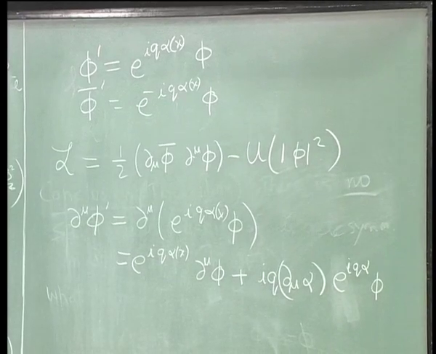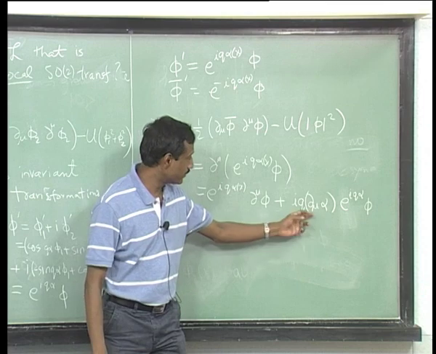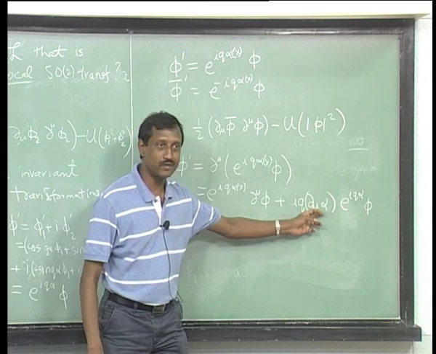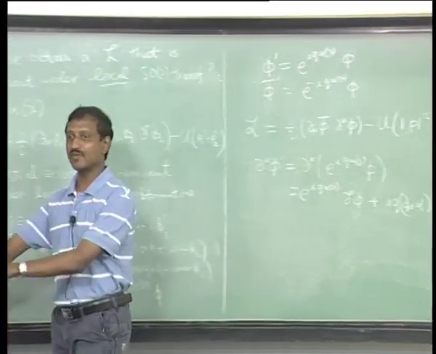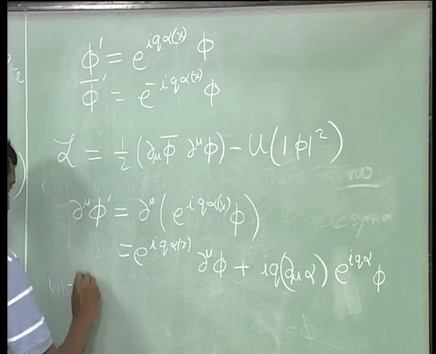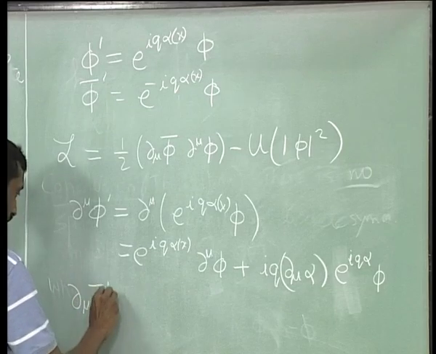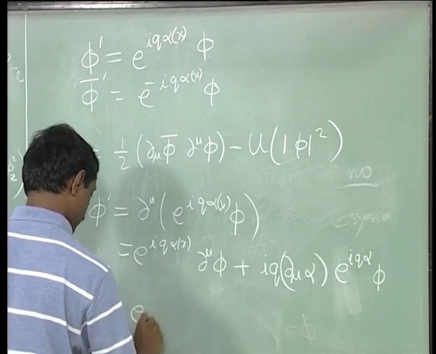Okay. So, you can see if alpha were a constant, this term will drop out and this is transforming nicely, it is just transforming exactly like phi, and it is not hard to see how the conjugate will be similar to this, except there will be a minus sign coming out here.